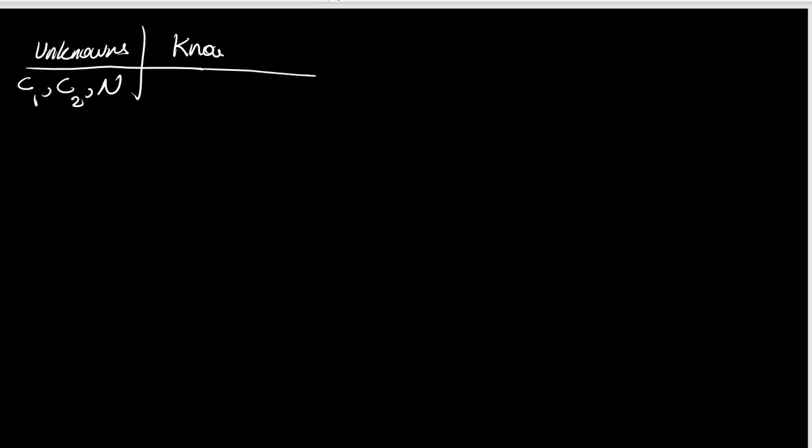Now let's see what my boundary conditions are. Technically the unknowns in this problem are C1, C2, and N. I have three unknowns, and let's see what the known boundary conditions are. At x equals 0, I know that h0 is 100 meters.